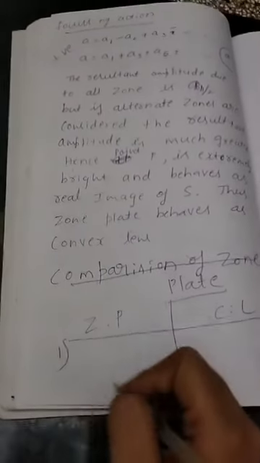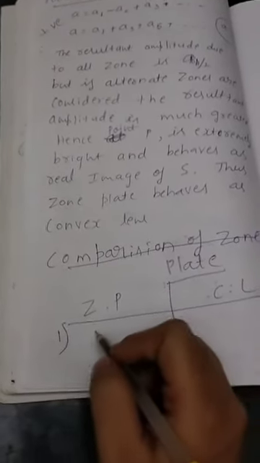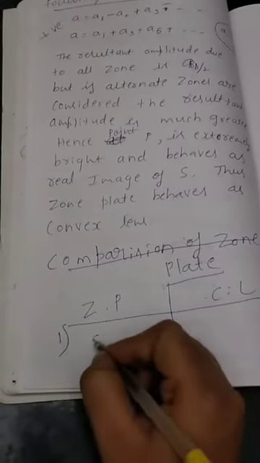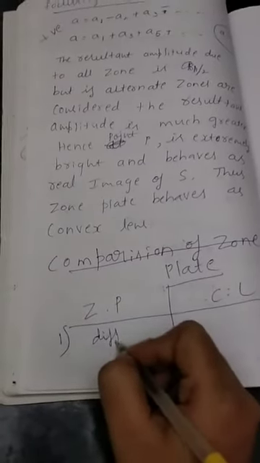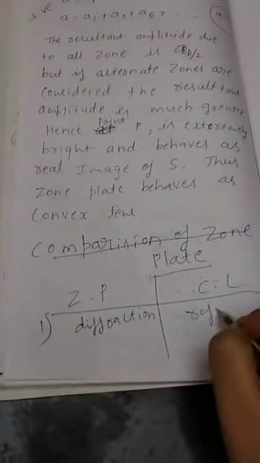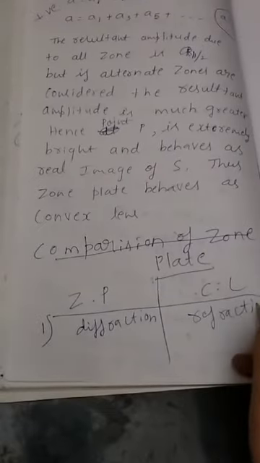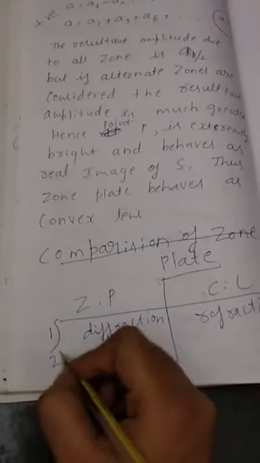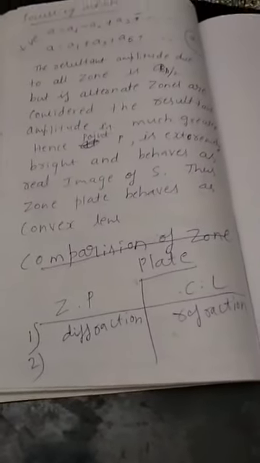What are the differences? First of all, zone plate is an optical device which works on the principle of diffraction. But the convex lens works on the principle of refraction. So you should go on listing these differences. Next, what can I write?